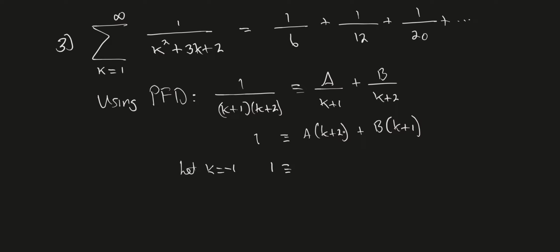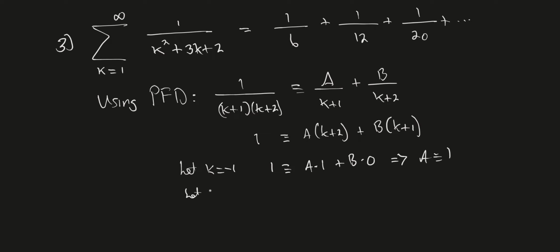And then this just ends up being a, because it's a times 1. And then here we'll have plus b times 0. So the constant in that case is 1. And then let's let k equal -2. That will eliminate this term, and it will allow me to solve for b.